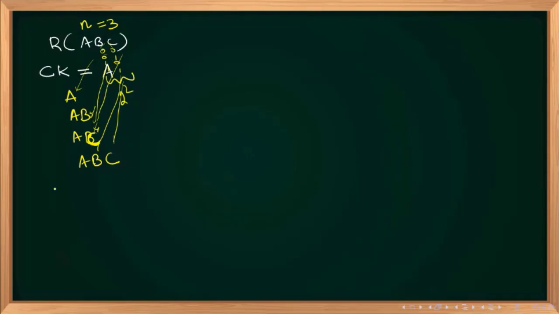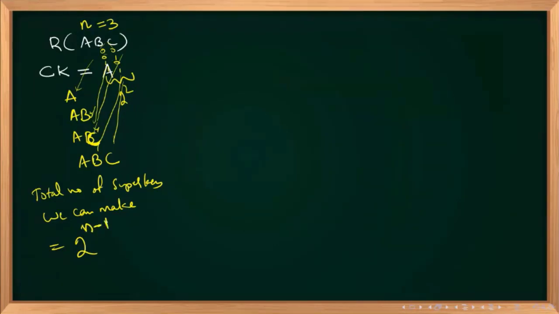Now I can write generally like this: the total number of super keys we can make is equal to 2 power, can you type 2 power, remaining can you type? N minus 1. Very good, Gidu. N minus 1.